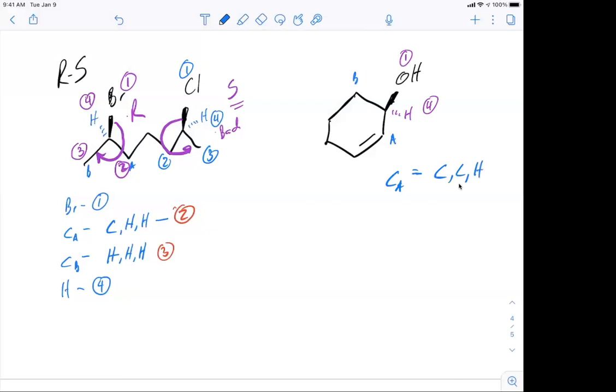That's the way you look at double and triple bonds. If we look at B, we only see it attached to another carbon and then 2 hydrogens, right? So therefore, A gets 2, and B gets 3. Going from highest to lower priority, we're going the R direction, lowest priority is back, so we stay at R.